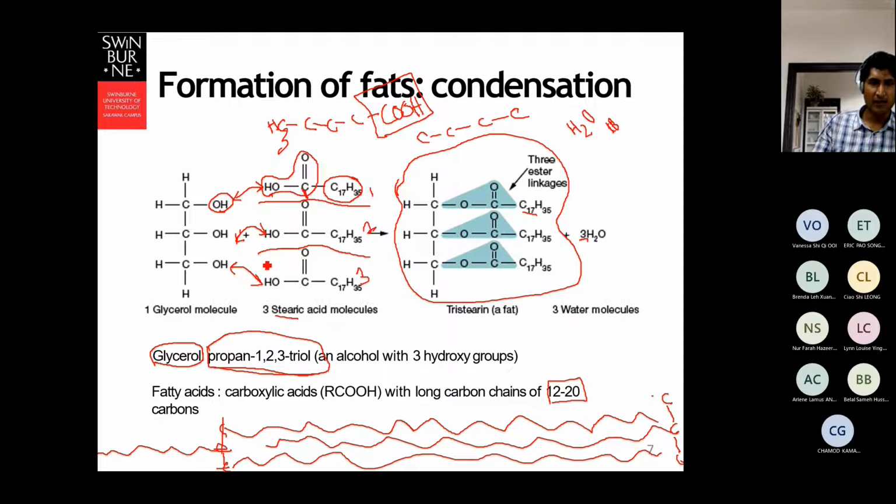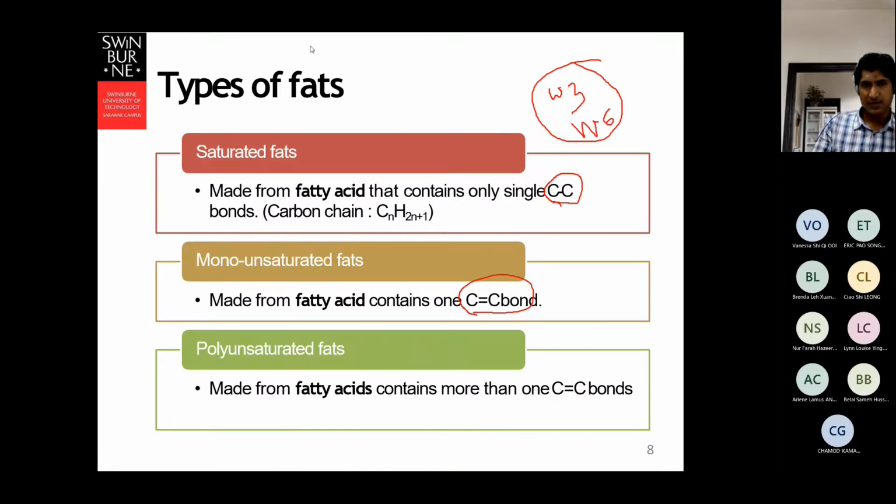So when there is omega 3 and 6, that means there are 2 double bonds at the 3 position and 6 position. Anyway, when there is omega 3, omega 6, or there is unsaturation, the oil is much lighter. Viscosity is much lower for that oil. That means it is more watery, or it's running.